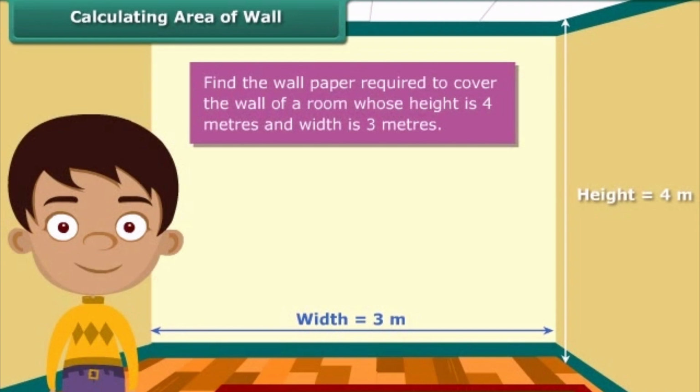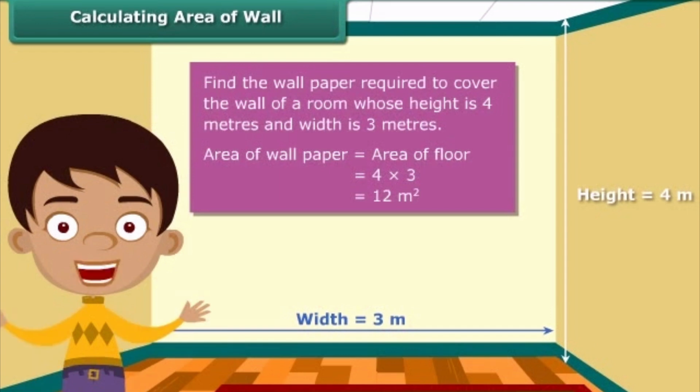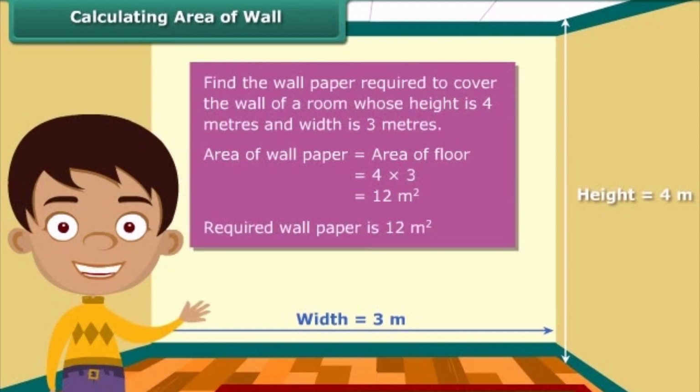The area of the wallpaper required will be the same as the area of the wall that needs to be covered with it. The area of the wall is 4 meters multiplied by 3 meters, which is 12 square meters. So, 12 square meters of wallpaper will be required to cover the wall of Nidhi's room.